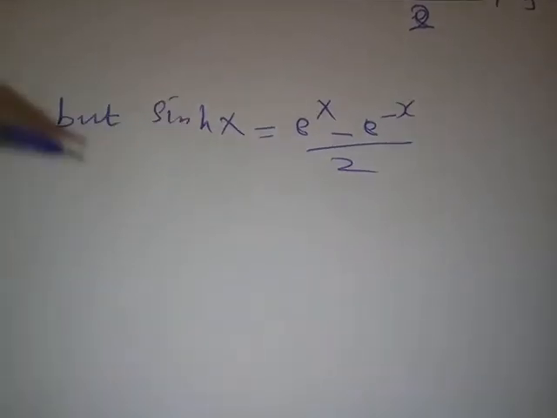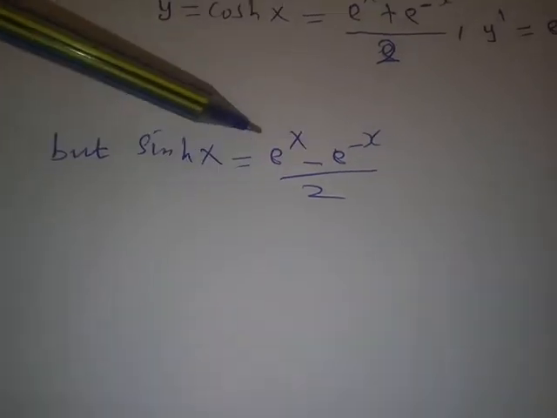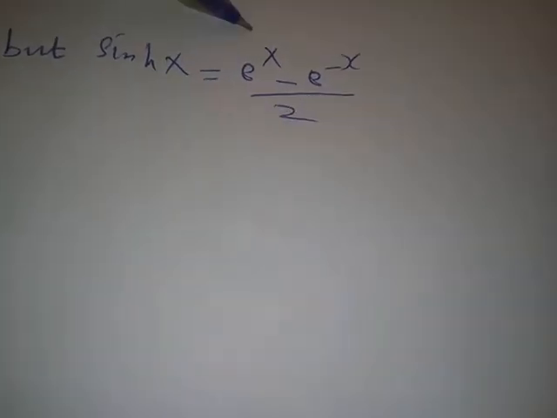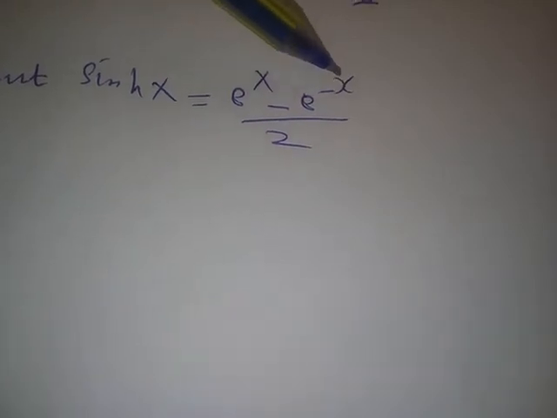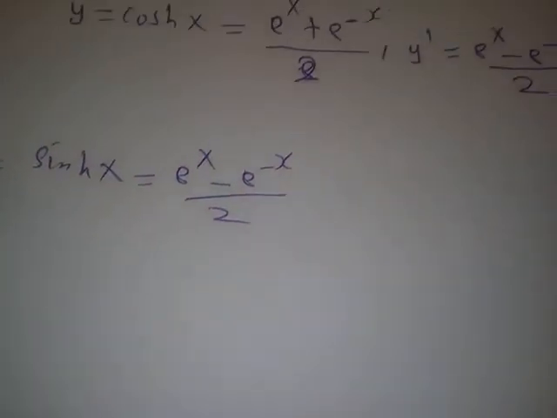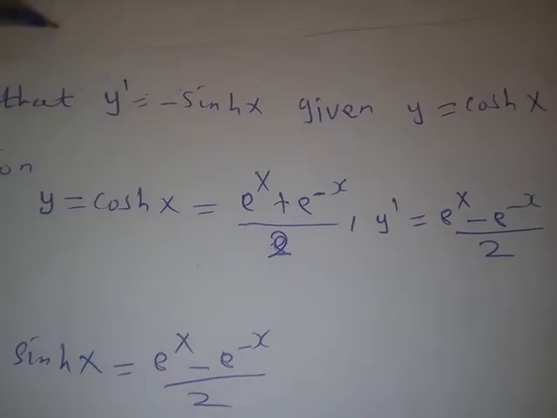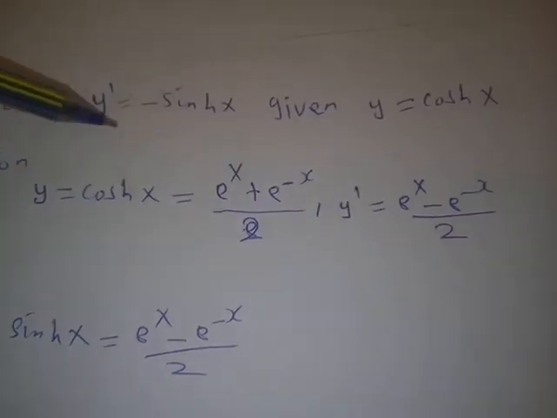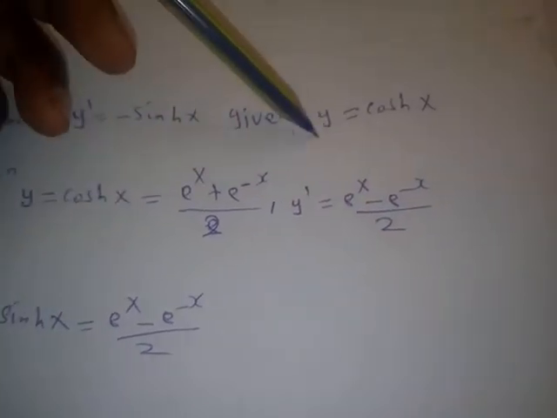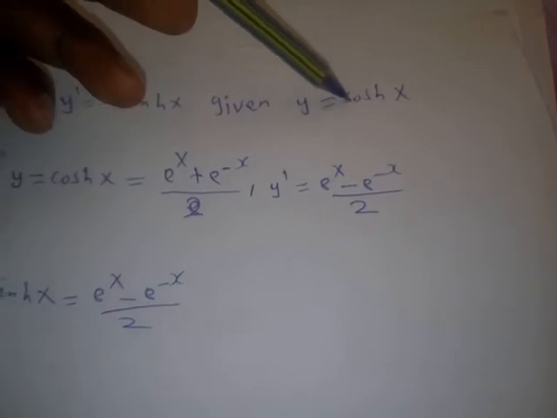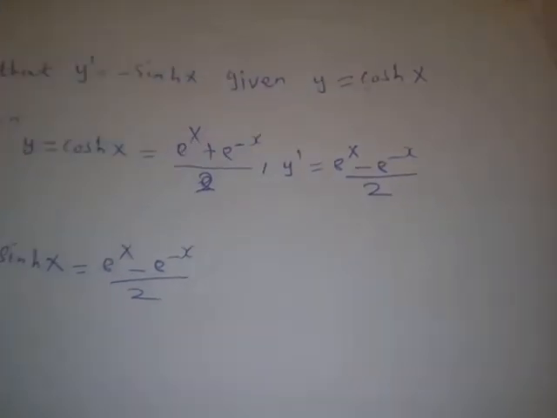But from definition, hyperbolic function of sine x is given by exponential of x minus exponential of negative x divided by 2. So we have shown that y differentiated is equal to negative of sine of x when we are given function y is equal to a hyperbolic function of cos x.